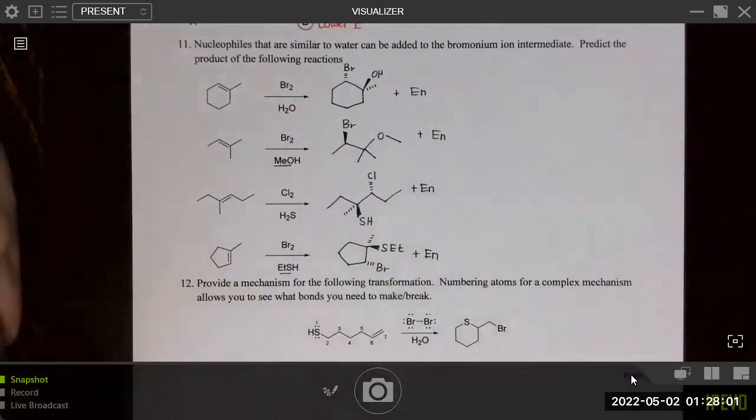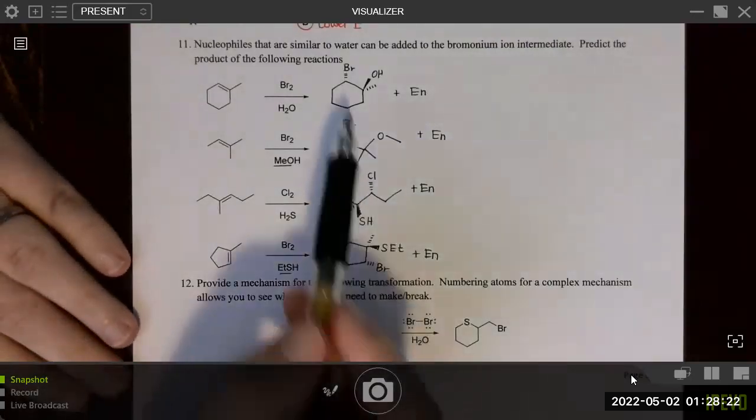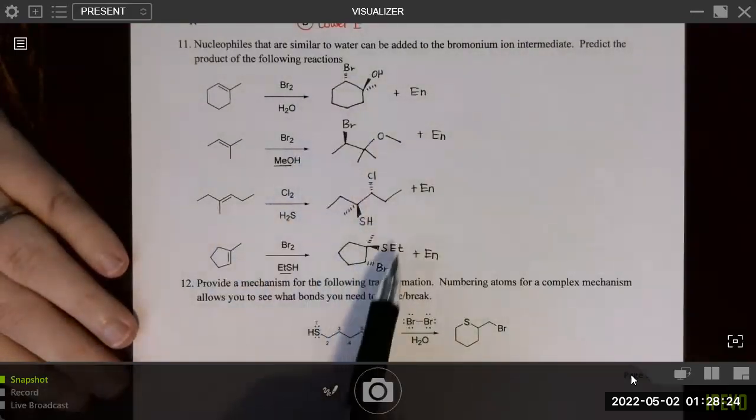Okay, so notice that whenever I draw products, I generally use model 2. That's just because that's my preference. But you could as well have drawn these products using model 1. It's not very common to see a ring drawn with model 1, right?